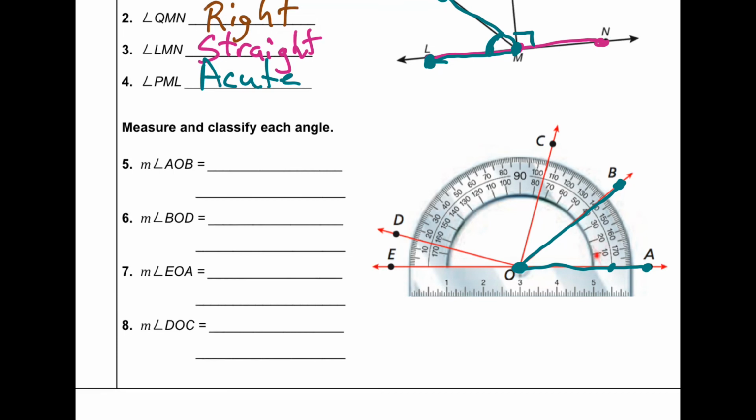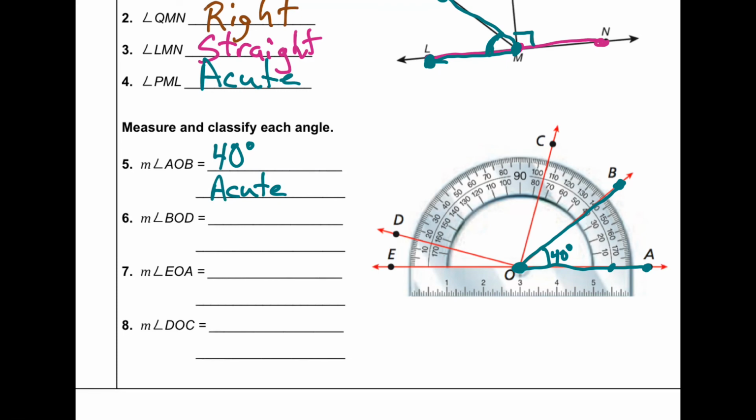So we're going to start at these numbers here, start at 0, work our way up to 10, 20, 30, 40, and that's where our angle hits. So this is going to be a 40-degree angle here. And then when we classify, a 40-degree angle is going to be an acute angle.